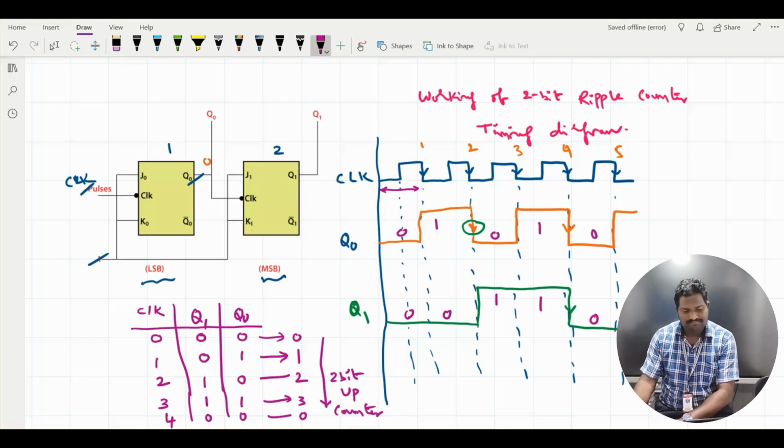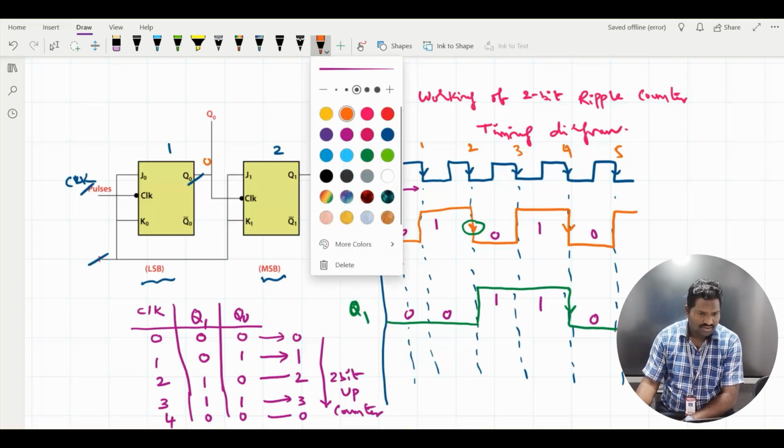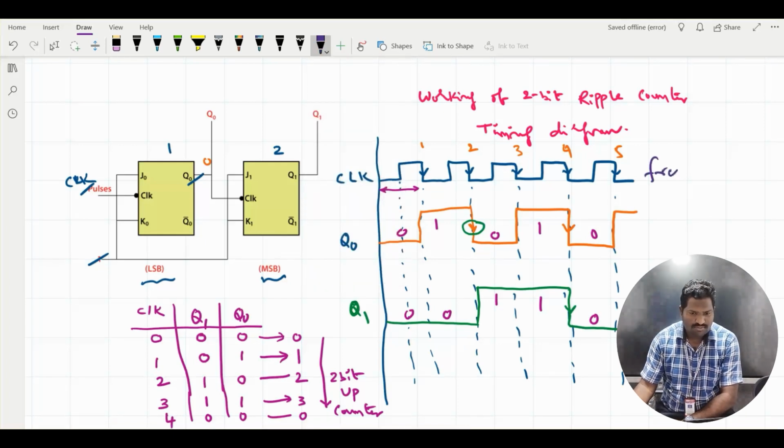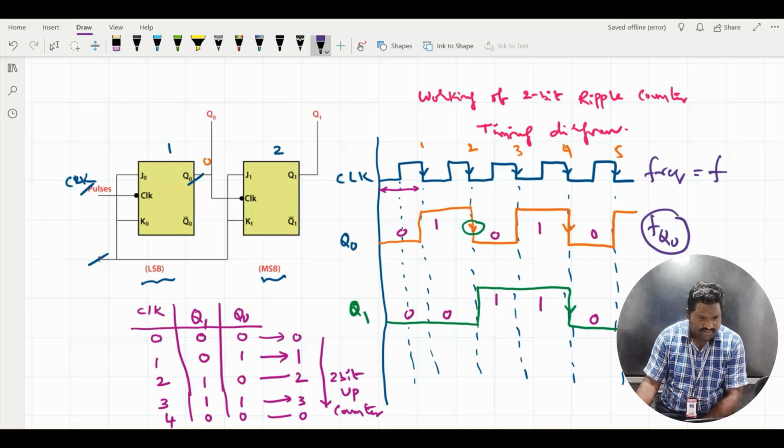And one more thing we can understand from this diagram is the frequency. Let the frequency of the clock pulse be f, because it's the number of cycles per second. If you see the frequency of Q0, in this timing diagram, up to this is one time period.